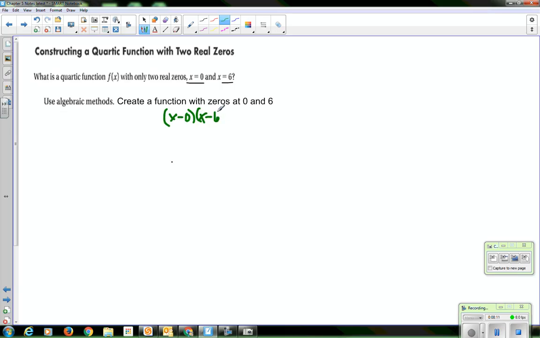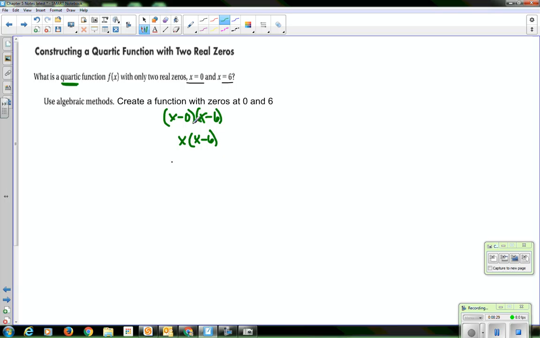So x minus 0 and x minus 6 are factors. The problem is I need a quartic. And when I multiply these together, x minus 0 is just x, thank you very much, and x minus 6.